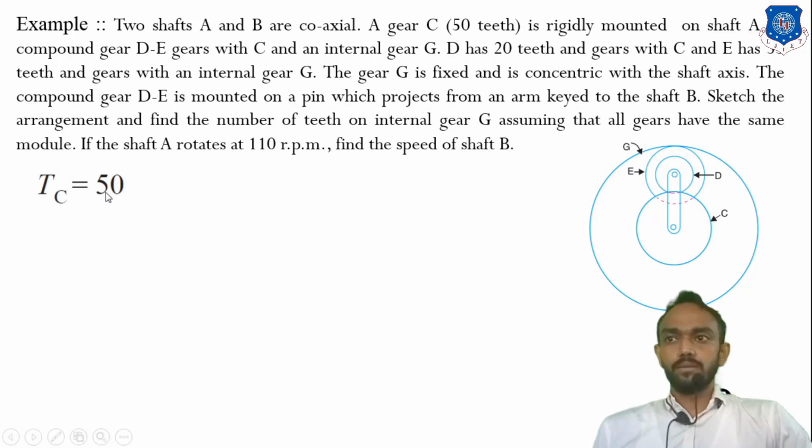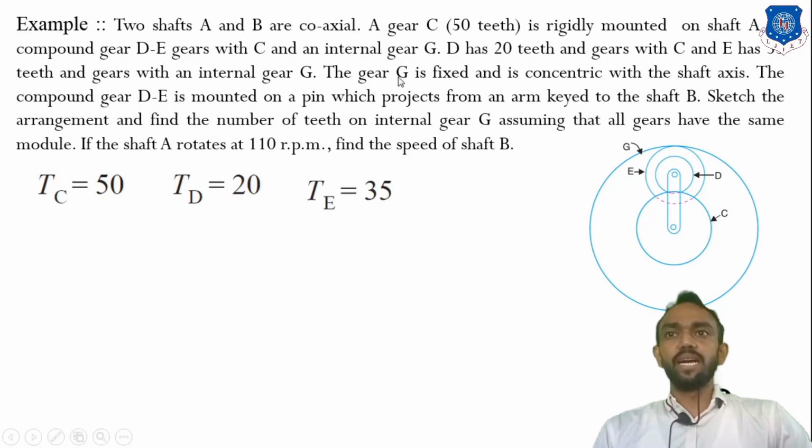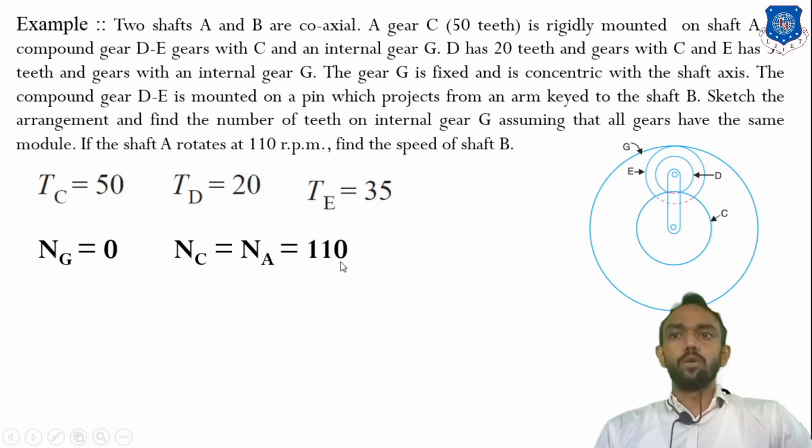So teeth TC 50, D 20, E 35. Which gear is fixed in this given data? You can see gear G is fixed, so NG is equal to 0, and shaft A rotates at 110 RPM, so NA is equal to 110.